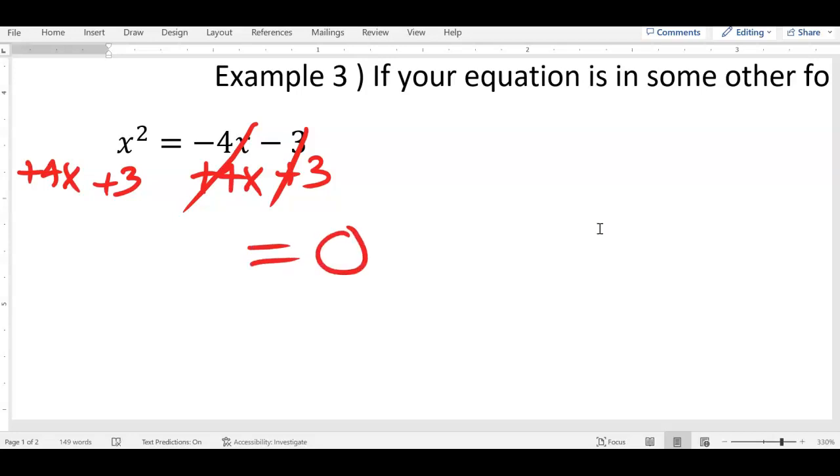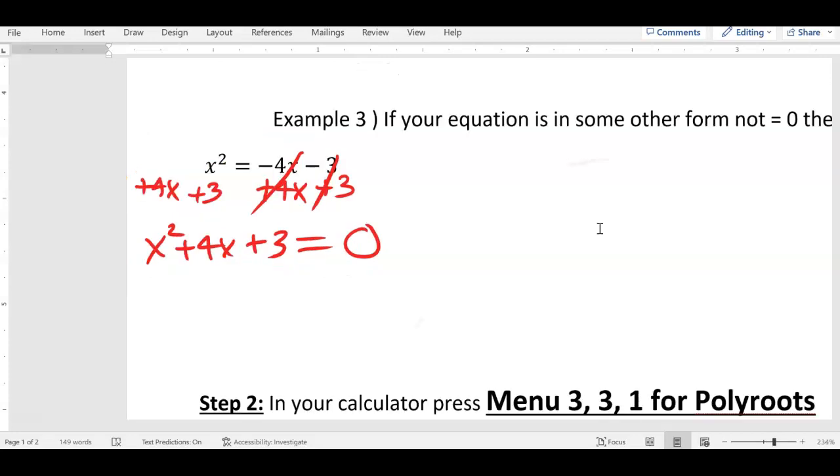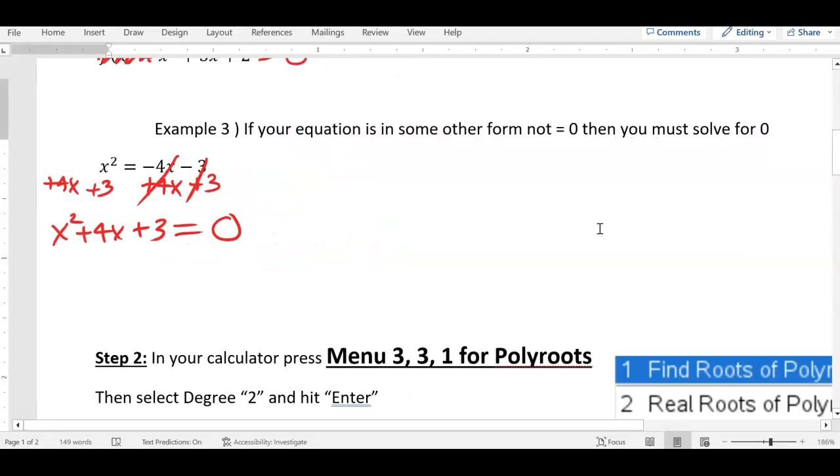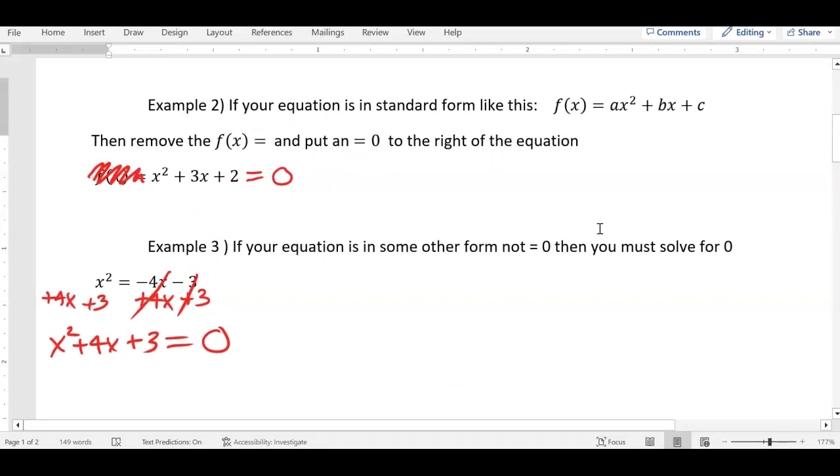Cool. Now, what's on the left side? X squared plus 4x plus 3. Just put it all next to each other. X squared plus 4x plus 3. Okay, now is it equal to 0? Say yes. Okay. Now, all we've done so far is make sure it equals 0.